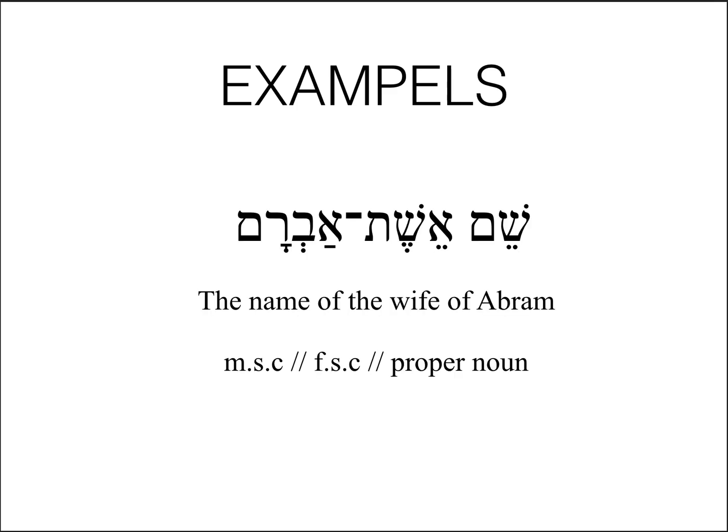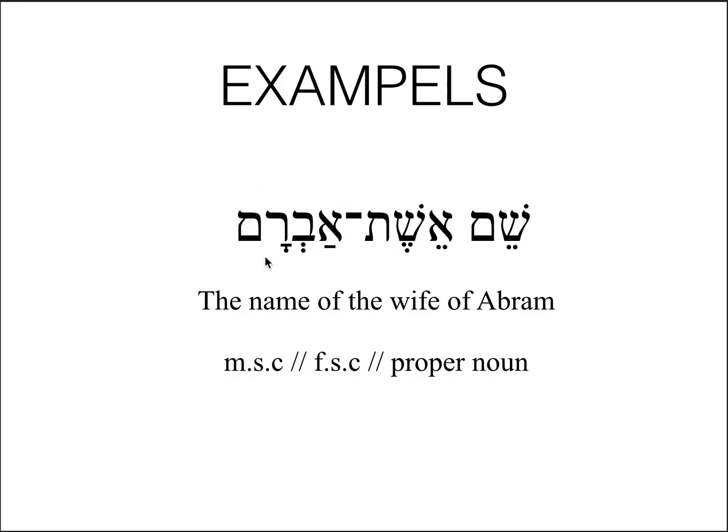Final example, Shem Eshet Avram. Shem is a name. Eshet, this is from Isha, and the A changed to T. So we had Isha, and now it's Eshet, T. Avram is Abraham.